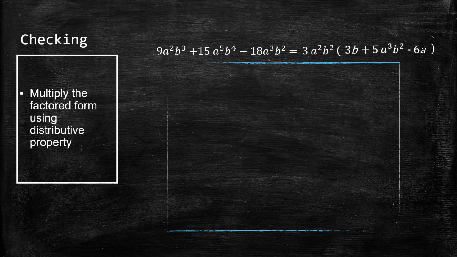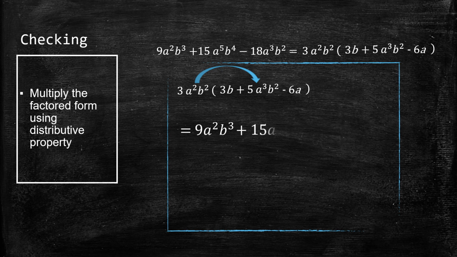Katong three terms. Okay? So, write down ang isulat na natong factored form lang. Then, you multiply by distributive property. So, 3a squared b squared times 3b is 9a squared b cubed. Next. You have 3a squared b squared times 5a cubed b squared. Pila?